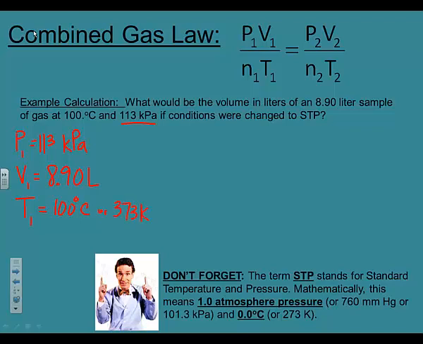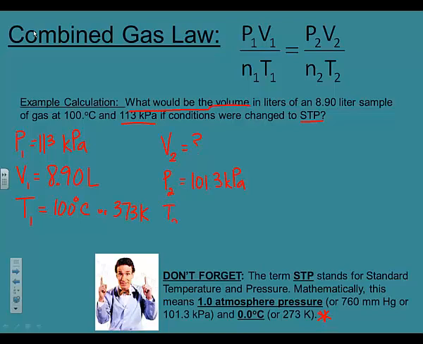So what are we looking for? We are looking for volume. What would be the volume? So the volume that we're looking for is V2. That's my unknown. That means I must be given a pressure, which I am. It's 101.3 kilopascals, and I know that because I'm told it's standard temperature and pressure. So look down here. I know that 1 atmosphere is equivalent to 101.3 kilopascals, so I can make that translation there.